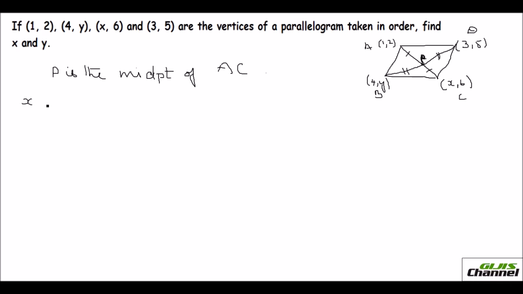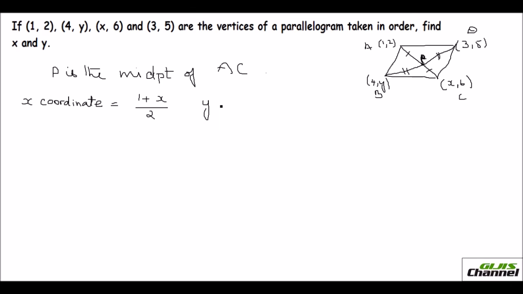We are going to find the x coordinate of the point P. Here it is equal to half, so your L and M are 1. So I can just do 1 plus x over 2.